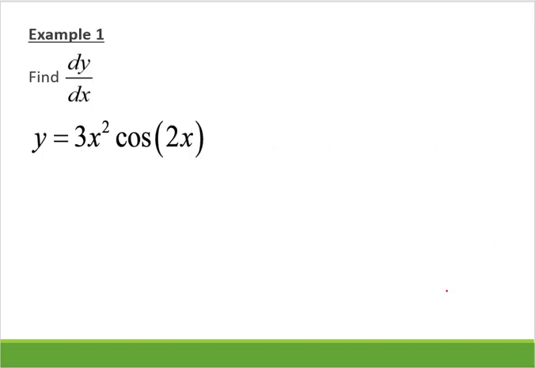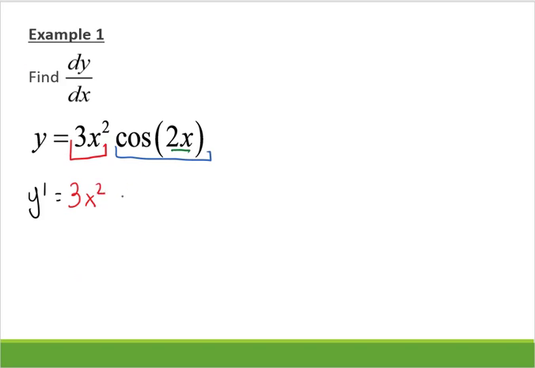So here we have a product and a chain. So we have a product rule, and then we have a chain rule with the 2x being composed inside the function. So my derivative is equal to, leaving the first alone, derivative of the second.